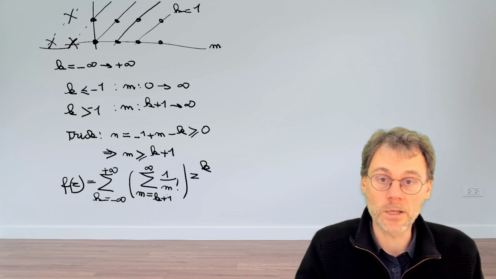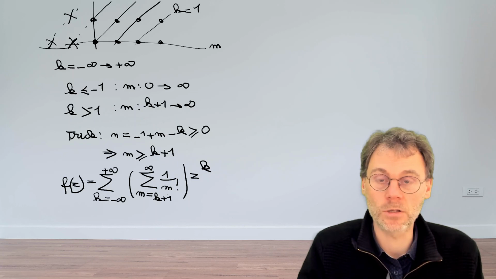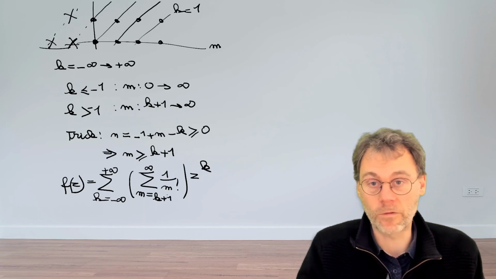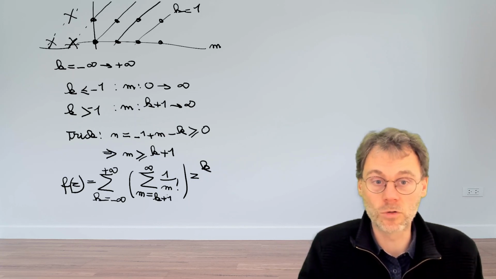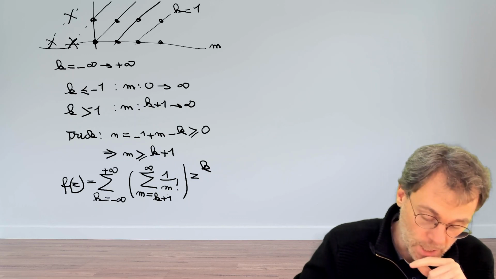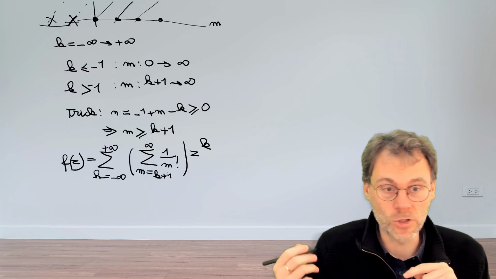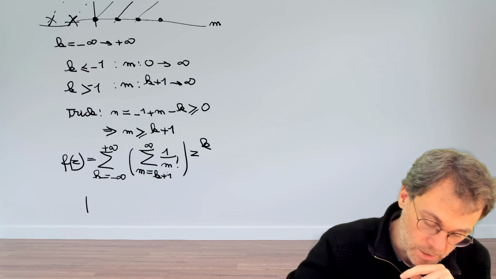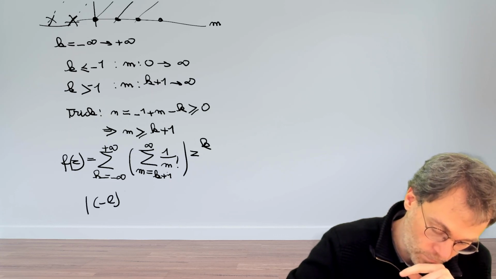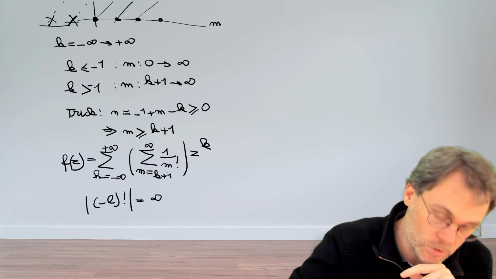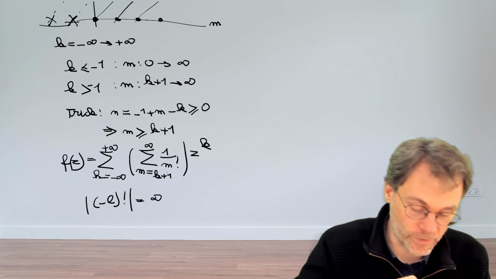Now, luckily, thanks to our friend Euler and his gamma function, there is a generalization of factorials, for example, also to negative integers. And that generalization basically tells you that if you have negative factorials, that in magnitude, these guys will always be infinity.